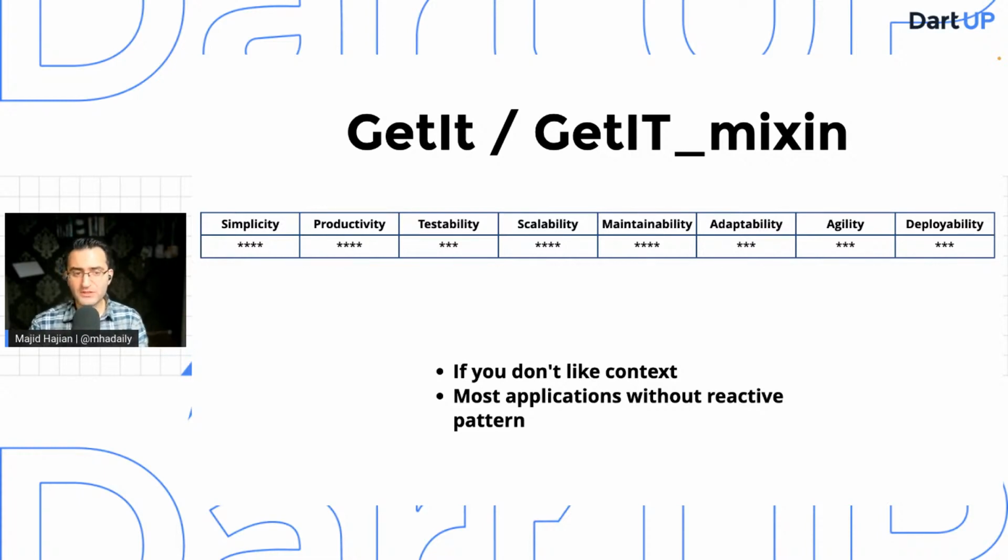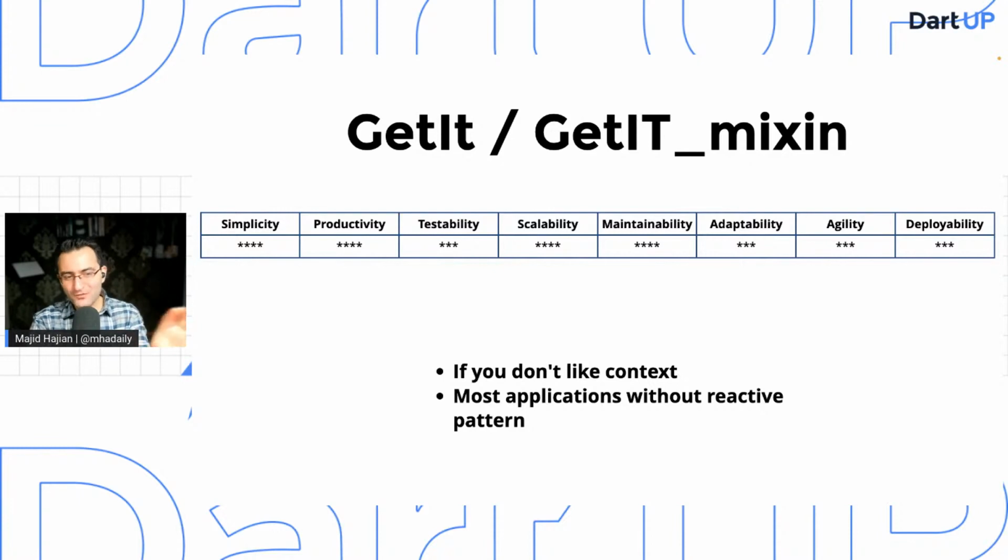It's very simple to understand. Sometimes there might be some testability issues, but it works with many applications, especially if you don't have reactive patterns, and probably if you don't like dealing with contexts and things like that around it in Flutter, maybe it's a good choice also for the application.